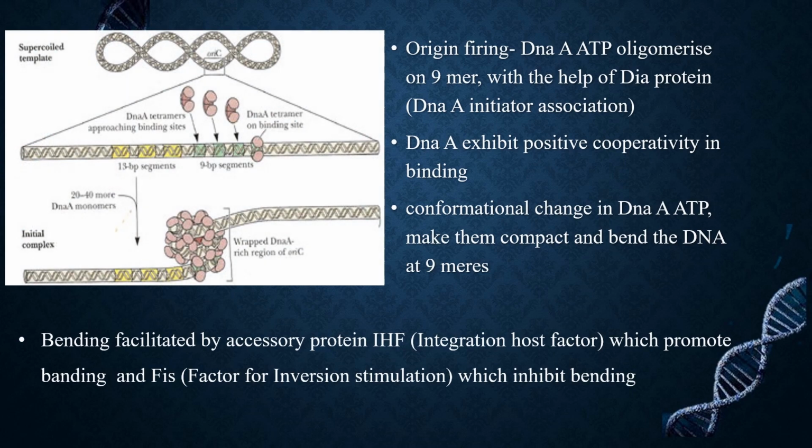During origin firing, DnaA-ATP protein will oligomerize on the 9-mer with the help of DiaA protein, that is DnaA initiator association protein. DnaA protein exhibits positive cooperativity in binding. Upon binding DNA, a conformational change in DnaA-ATP converts it into a more compact structure which deforms and bends the DNA at the 9-mer.